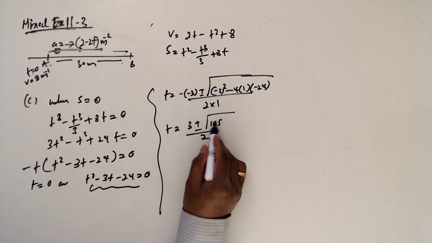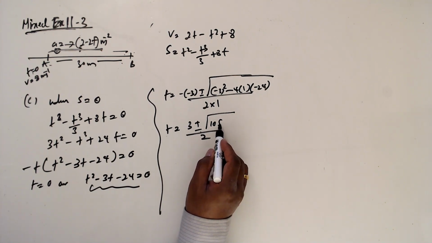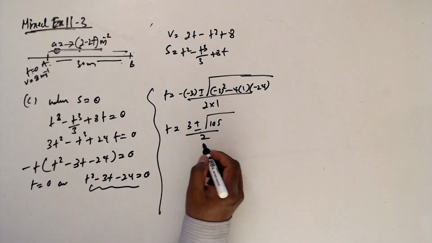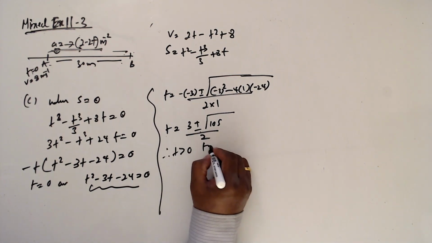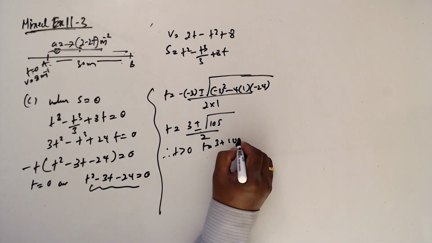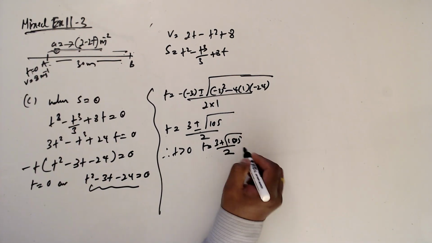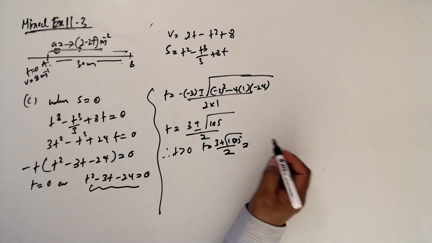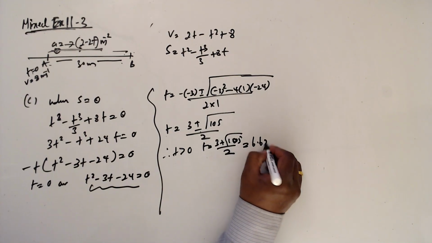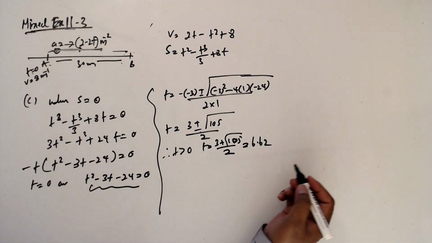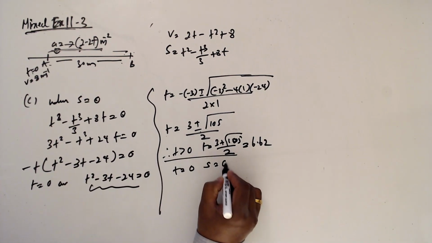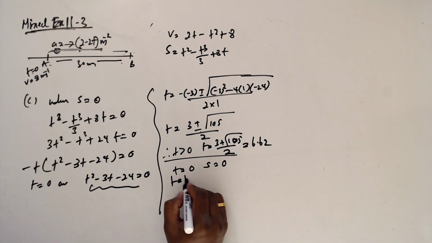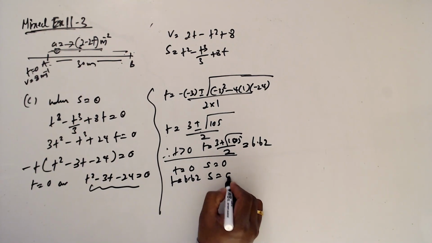The minus one is a negative answer. Since t is greater than 0, t equals 3 plus root 105 over 2, the positive answer, that is 6.62. So t equals 0 is s equals 0, and t equals 6.62 again is s equals 0.